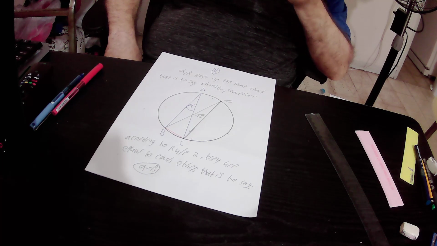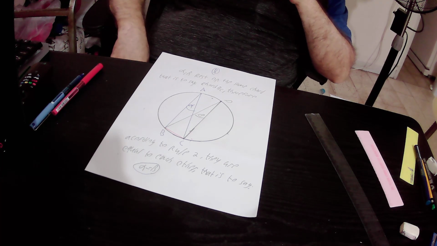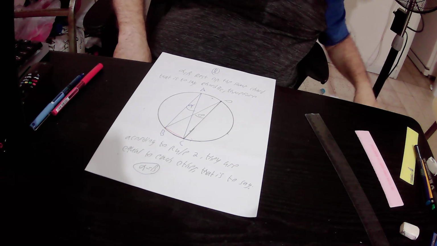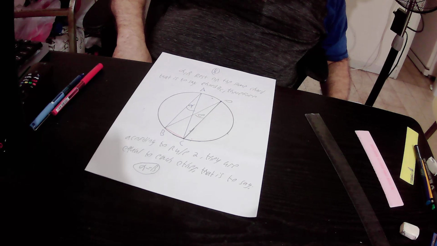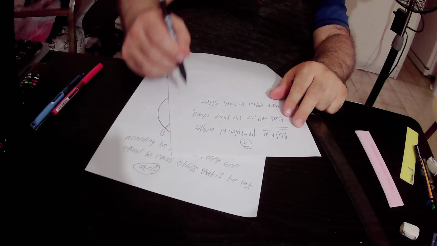So, if we have two peripheral angles that rest, or maybe more, on the same chord, or it might be also the same arc, I will add here: same chord or same arc.